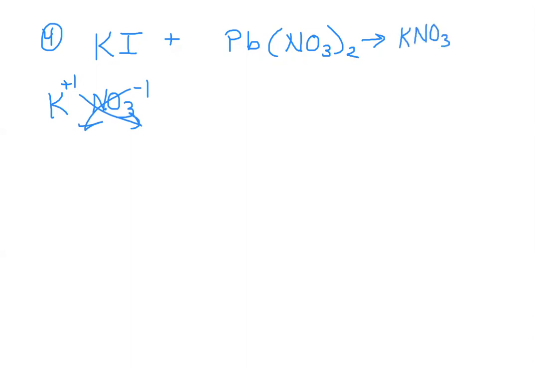And then we've got lead and iodine. Lead has a charge of what? Oh, lead, we don't know its charge. Lead has more than 1 charge. So we're going to have to look at this to see which kind of lead it is. Since we know that NO3 has a charge of -1 from here, that means that our lead must have had a charge of +2.